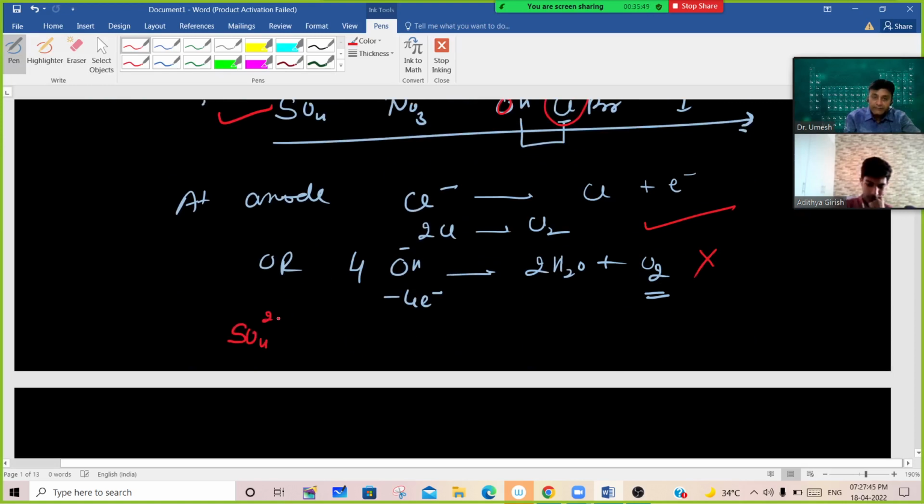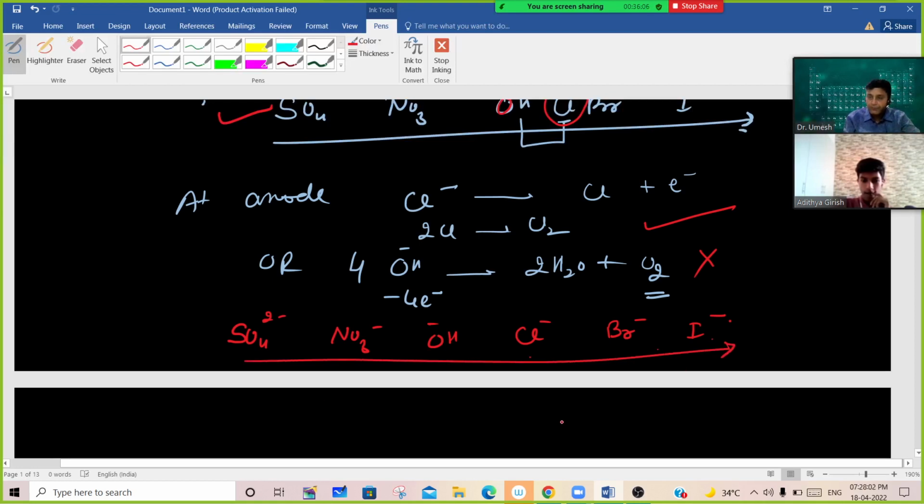Sulfate ion, then nitrate ion, then OH negative ion, then Cl negative ion, then Br negative ion, then I negative ion. Chloride ion, bromide ion, iodide ion. This is the order of more likely to be discharged.